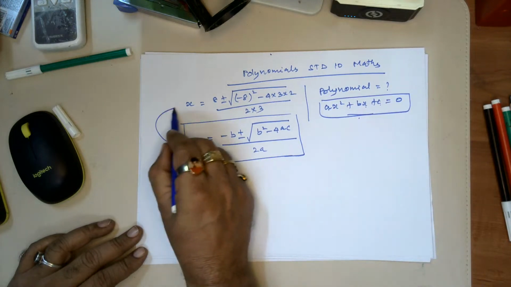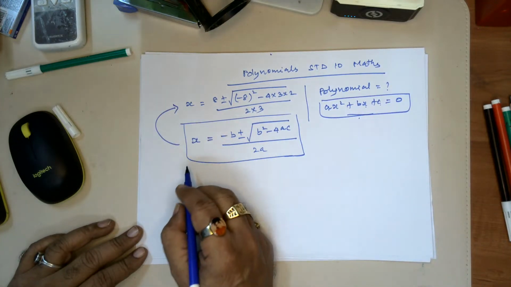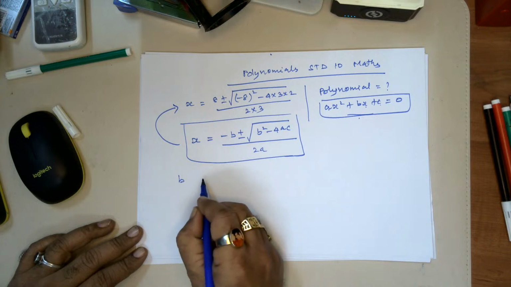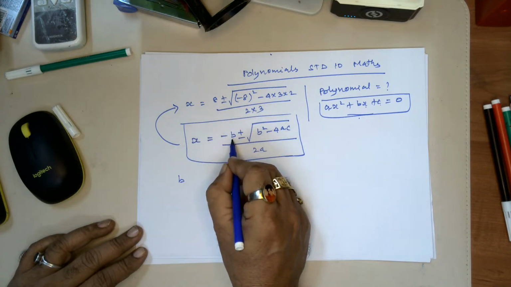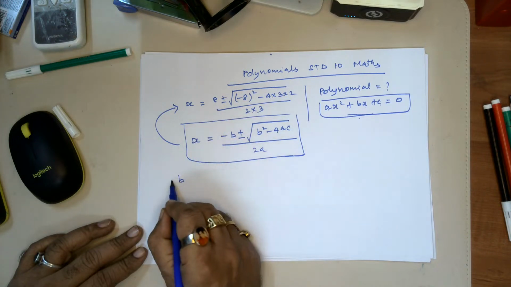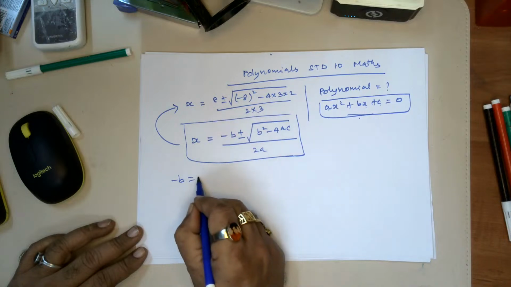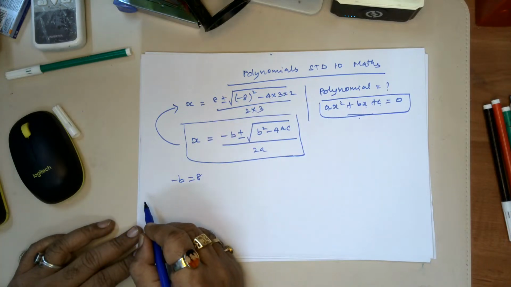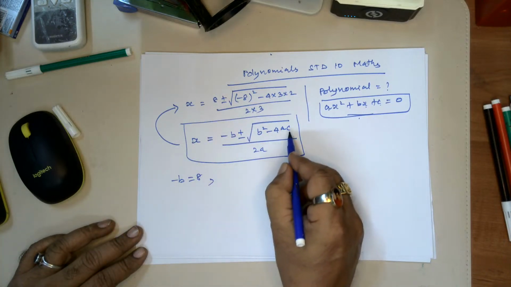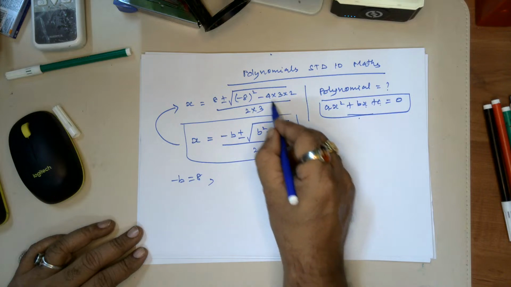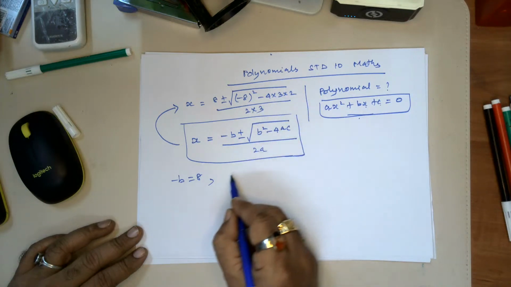By comparing this, we can easily get what b is. Let us compare: minus b is equal to 8, right? And what about a? 2a is 2 into 3, so a is equal to 3.